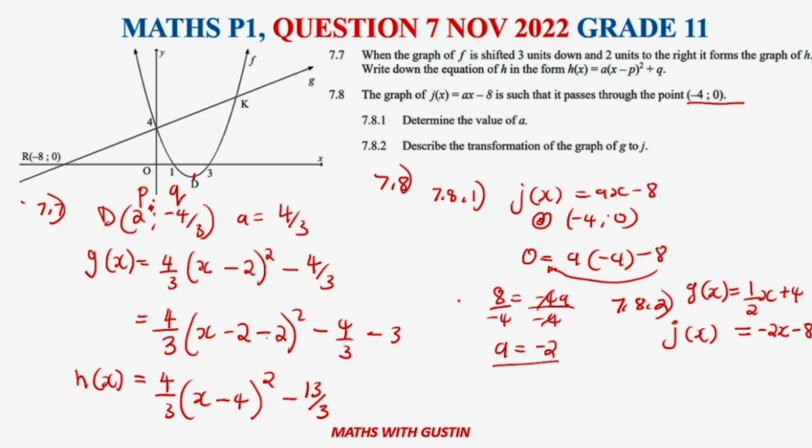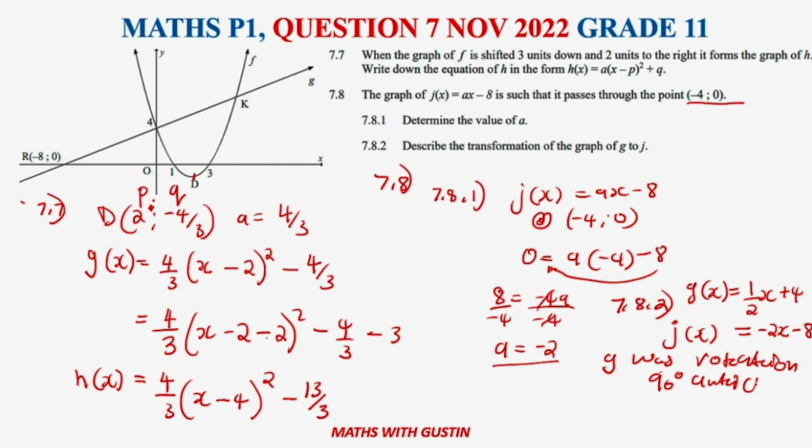All right, so what happened here was, let me see, let's have a look at this graph here. Okay, what happened here was the graph of g was rotated 90 degrees. I know there are many ways to do this, guys. I just chose this way. It was rotated 90 degrees anti-clockwise.